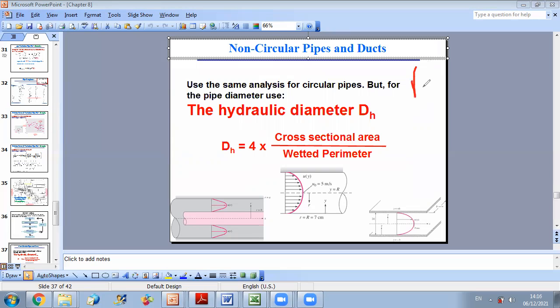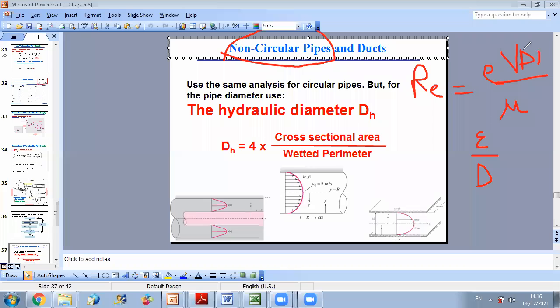You know that the Reynolds number is rho V d over mu, and we have epsilon over d. So the diameter is a very important parameter in the Moody diagram. In case we have a non-circular pipe and want to use Moody, the experience shows that it is feasible.